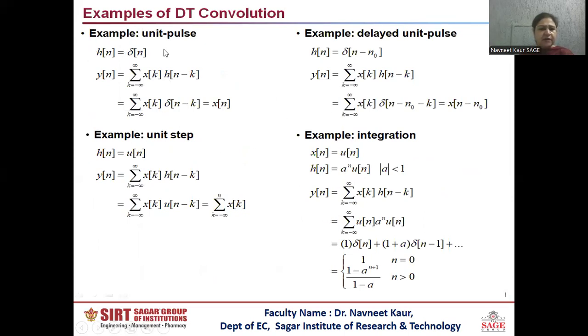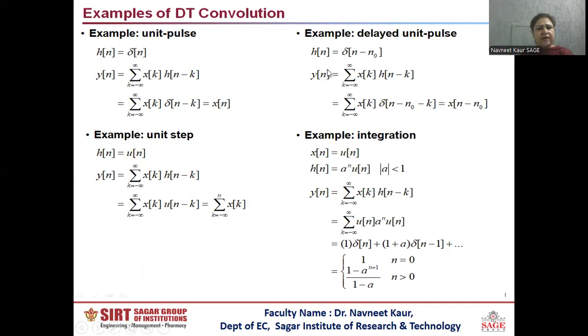If I want to find out the convolution of delta n, I will get xn, it will be only xn. If I want to find out the convolution of unit step function, here xk u n minus k, which is summation k equal to minus infinity to n xk.